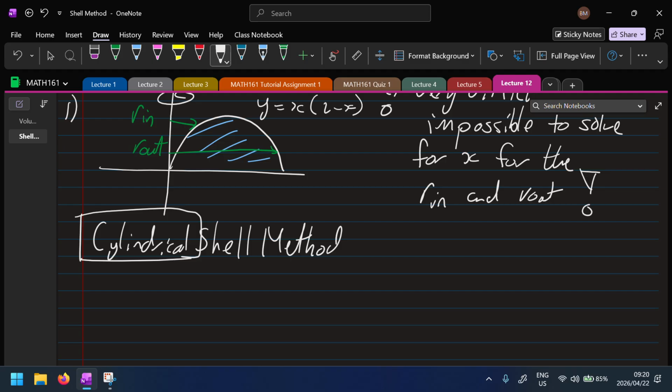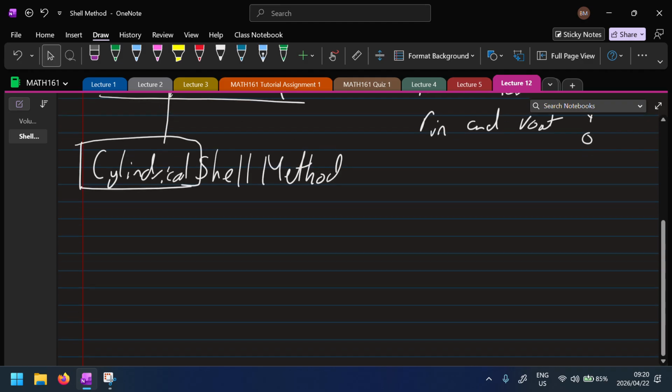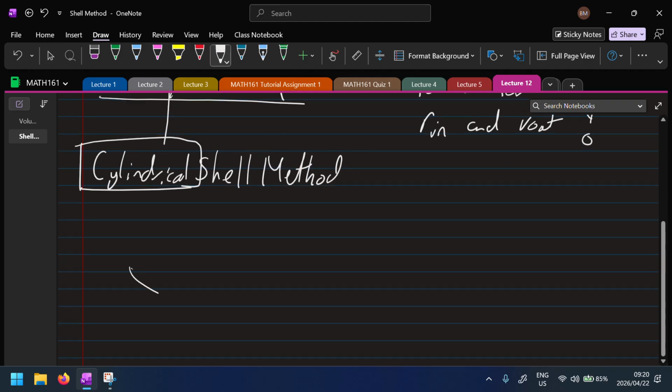Okay, so what's the idea? Let's see what this looks like in the full 3D, and then we're going to see how we're going to break it up into these cylindrical shells. It's going to look something like this. And how are we going to break this up?